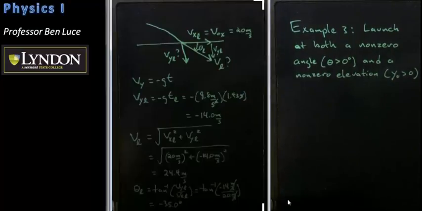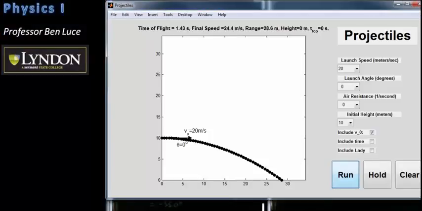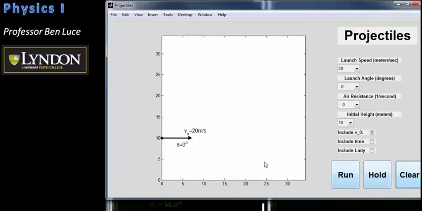Let's take a look at a simulation first to get an idea of what's going to happen. This is our previous simulation. And in this we launched simply horizontally from 10 meters up.